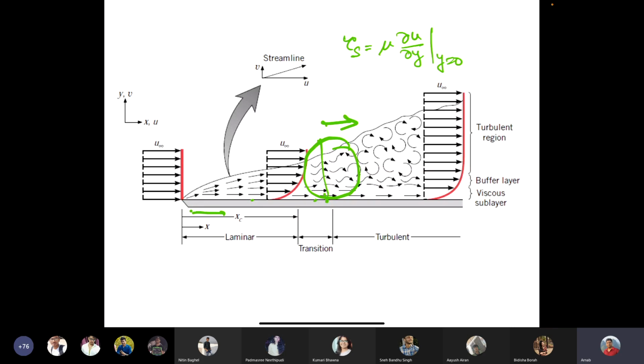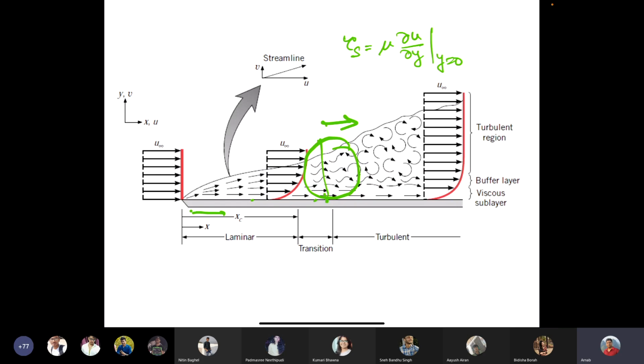Now in the turbulent boundary layer, the flow is very chaotic in nature, or say very irregular. It can be realized by the random motion. It's mainly three-dimensional motion that you can think of, a swirling motion. So mixing within the boundary layer happens at very high speed.